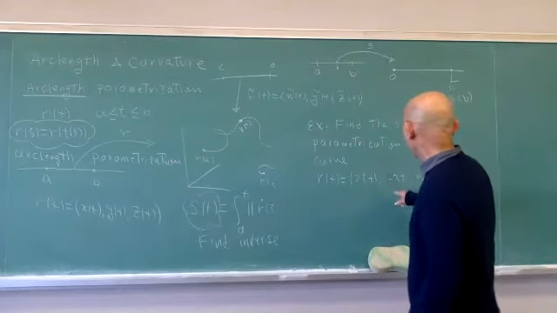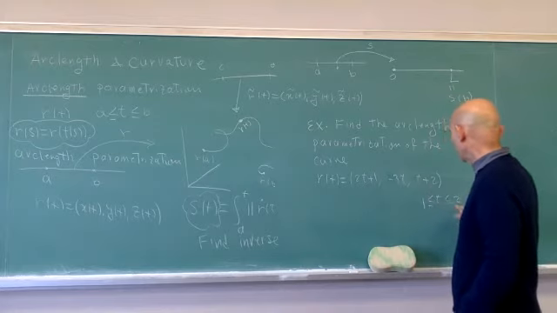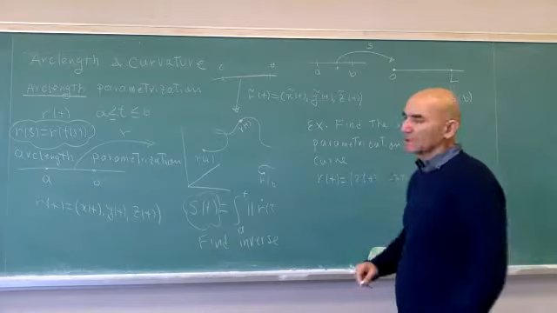So a curve is given like this, 2t plus 1, negative 3t, t plus 2, t is between 1 and 2, and we are supposed to find the arc-length parameterization of this curve.